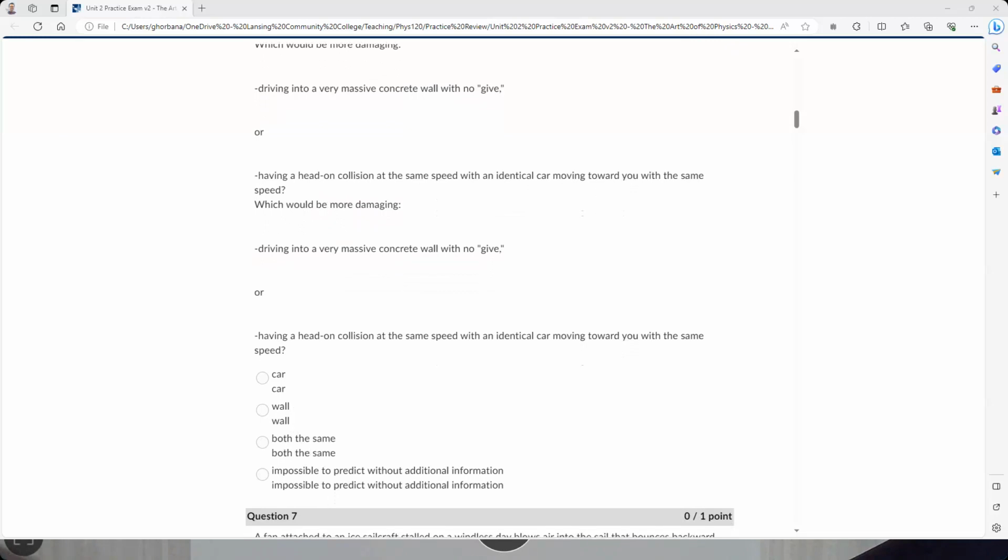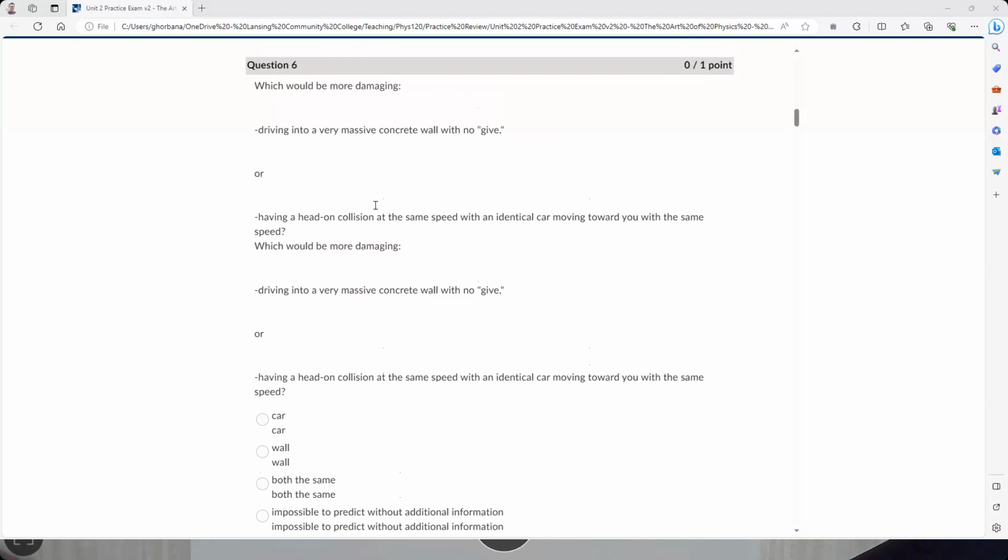Car. So because we don't know any information about the cars, okay? If we had information about the cars, that would be good. Because it's telling that driving into a very massive concrete wall or having a head-on collision at the same speed with an identical car moving toward you with the same speed.